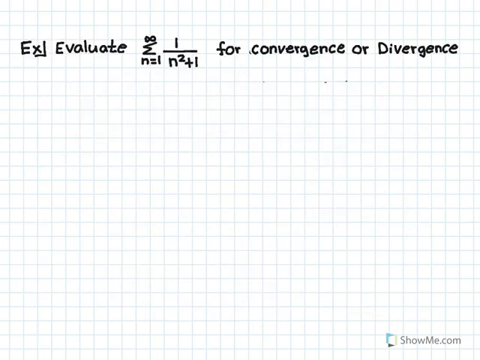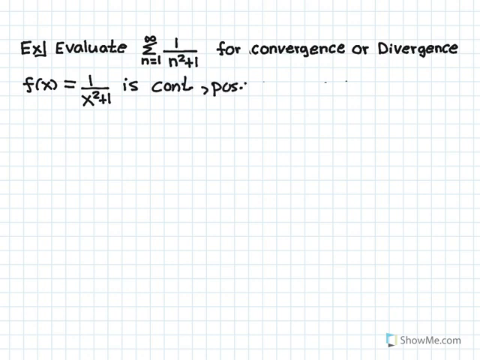All right, let's apply the integral test to this question. Evaluate summation n equals 1 to infinity 1 over n squared plus 1 for convergence or divergence. Notice that the corresponding function f of x, 1 over x squared plus 1, is continuous, positive valued, and decreasing on the interval 1 to infinity.